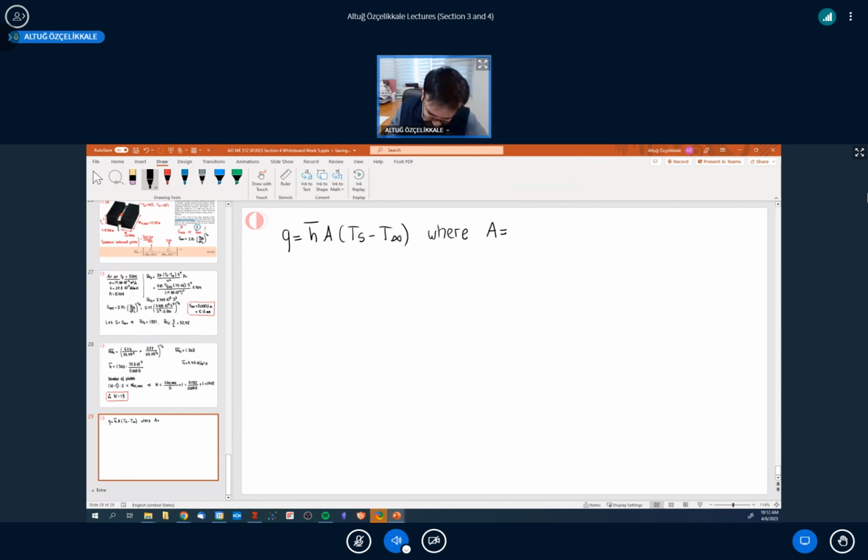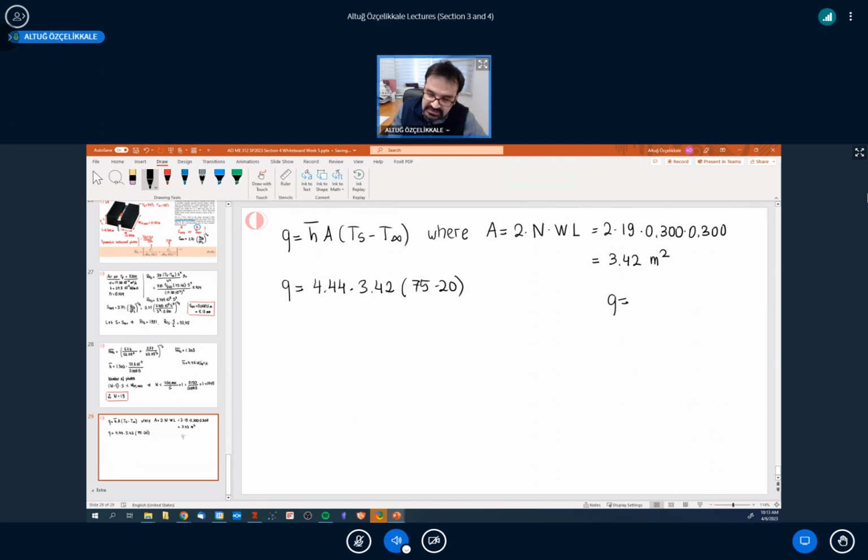So we multiply by 2 times the number of plates times the footprint of a single plate, WL. That's 2 times 19 times 0.300 times 0.300. As a result, we obtain a total surface area of 3.42 square meters. That gives us 4.44 times 3.42 times 75 minus 20, and we obtain the heat transfer rate as 835 watts.